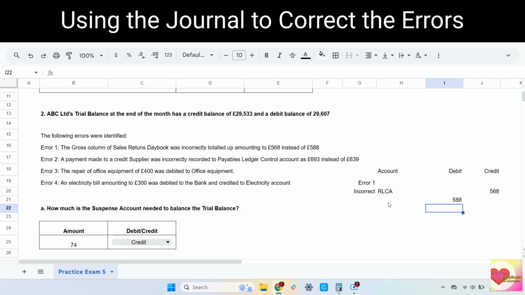We don't have to determine what that opposite account is, as long as we know that the correct amount is 588. Since the entry on the debit is not equal to credit, the suspense account is automatically inserted, which is the difference of these two amounts.